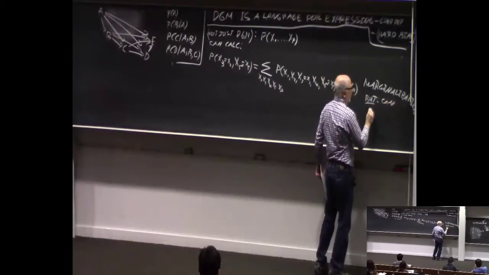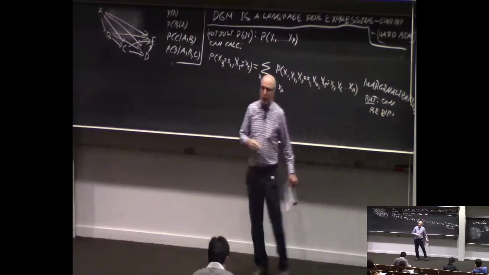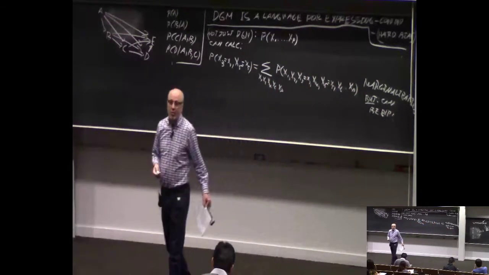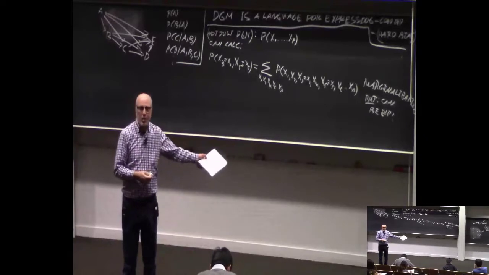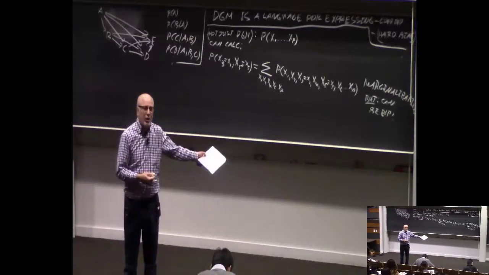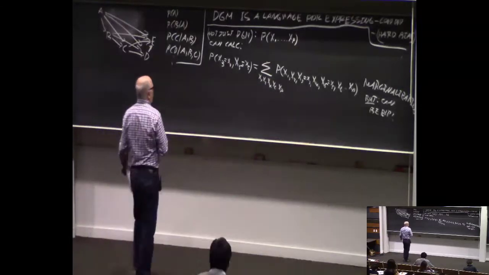The calculation may be exponential. You may find a way of doing it that would be more efficient, but there's a possibility that you'll get stuck because you're summing here over an exponential number of terms. Keep that caveat in mind.